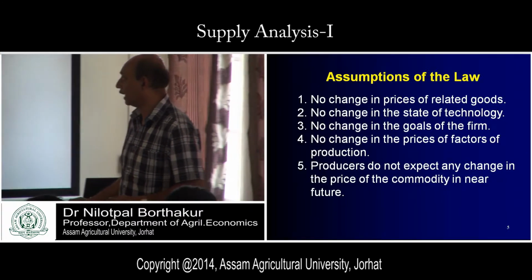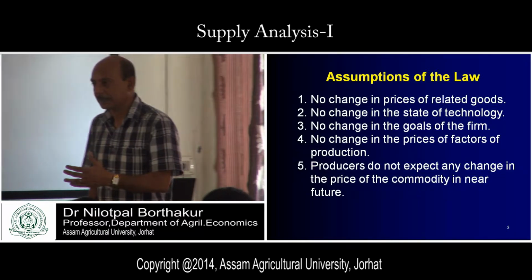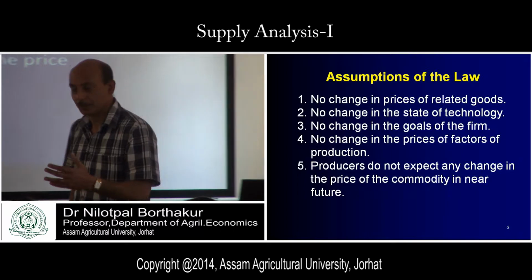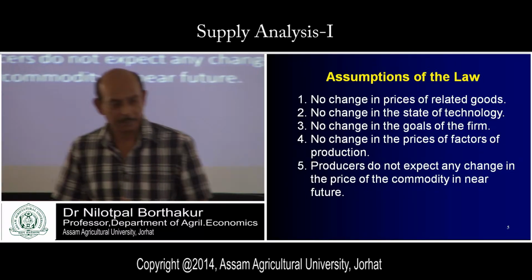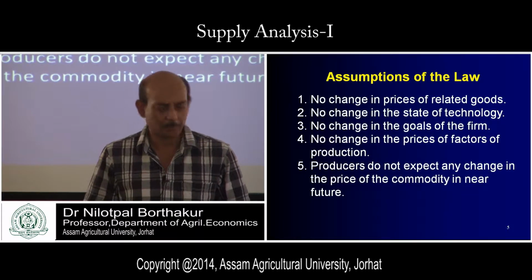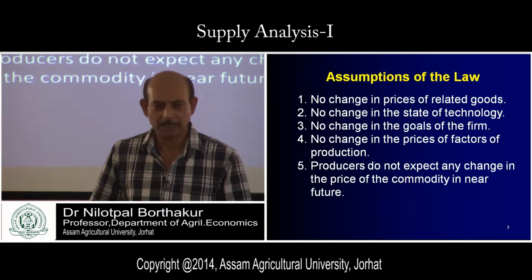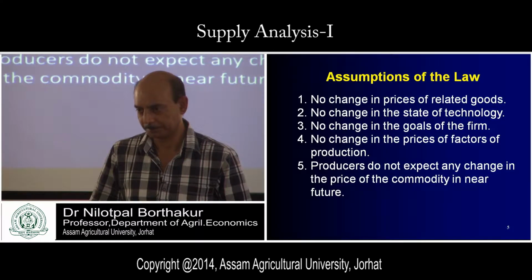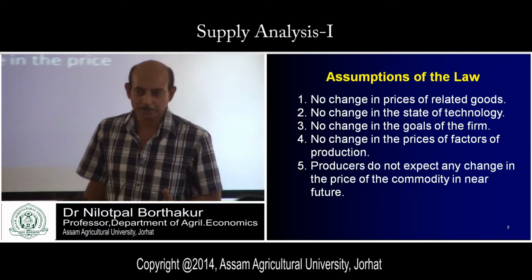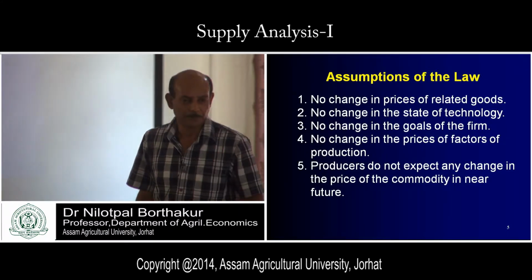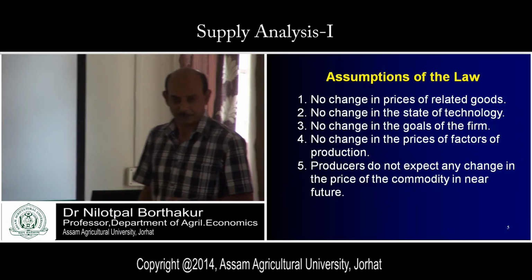Second, there is no change in the state of technology. Technology means the means to produce a particular commodity, and under improved technology, we can produce more of a certain commodity at a given price. Suppose by introducing a high yielding variety, introduction of high yielding variety is a technology.